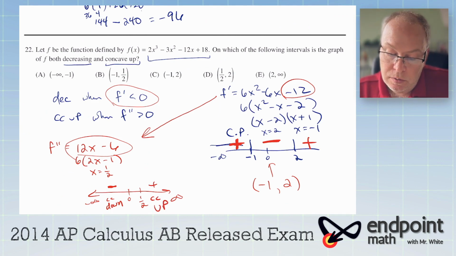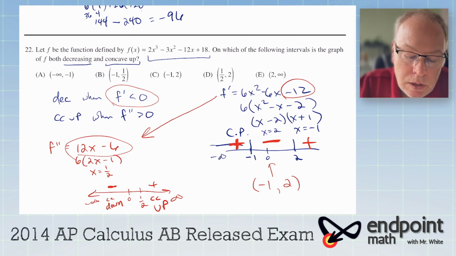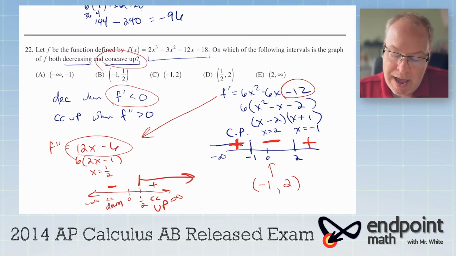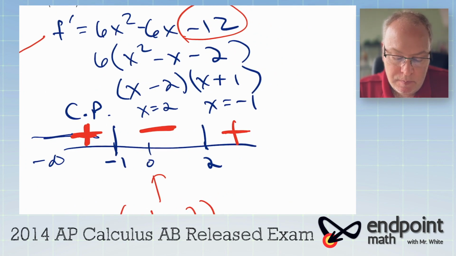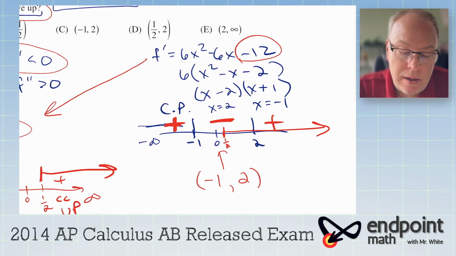All right, so we just figured out that when we're looking for concave up, we want 1/2 and higher. So if I come over here, here's a half, 1/2 and higher. So where is the overlap? Where were we decreasing but concave up?